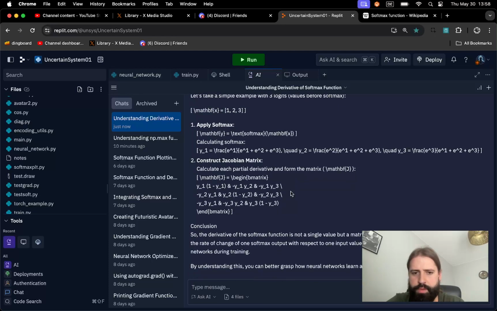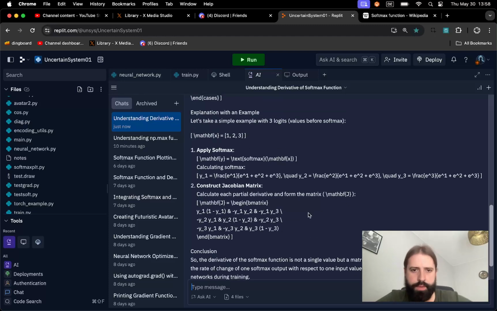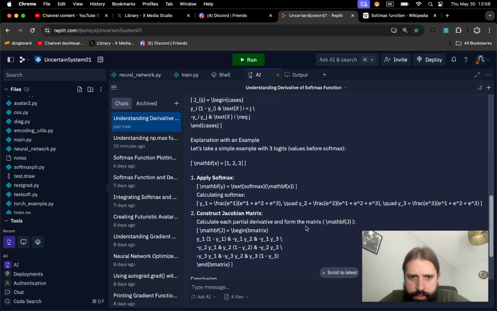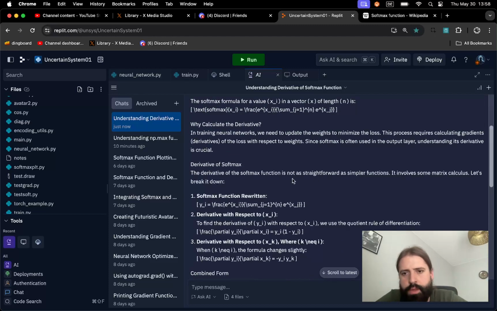Each entry in the matrix represents the rate of change of one softmax output with respect to one input value. This matrix is crucial. So in what language is this? This is in LaTeX, right? Yes, not a simple function. It's some matrix calculus.